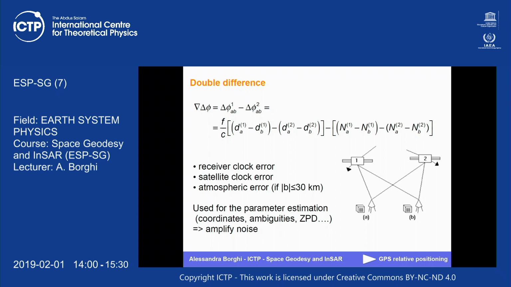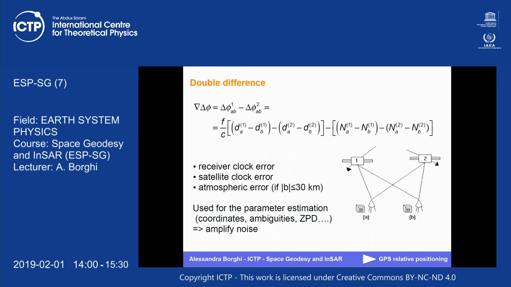And computing the differences of these observations, I don't put all the terms, but you can check using the previous equation. You see that the only terms that we have are the geometric term. D means the distance between satellite and receiver.